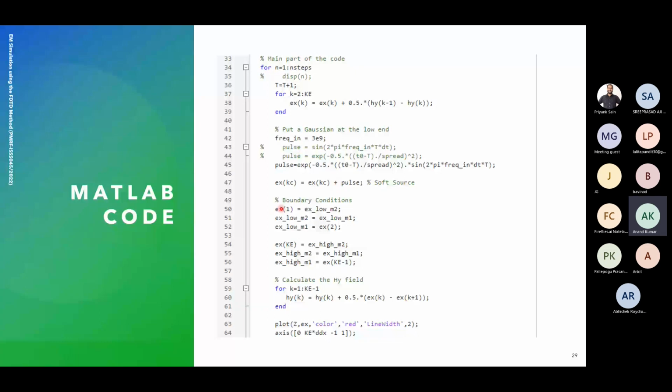Then at line 47 we include the excitation in the electric field, then the boundary conditions, the update equation for the magnetic field, and then we are plotting the electric field. This is all already discussed.